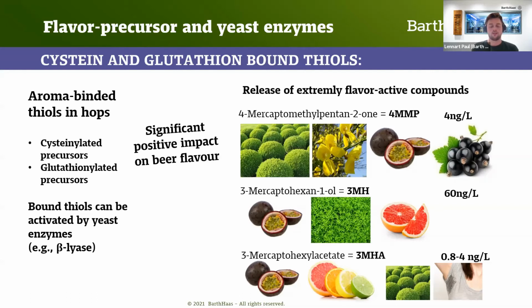On the other hand, the main part of the 4MMP, which is probably responsible for the characteristic flavor of Citra or Nelson Sauvin, is found in the free form, not in the bound form. So we probably don't need any biotransformation process to result in high 4MMP contents in your beer.